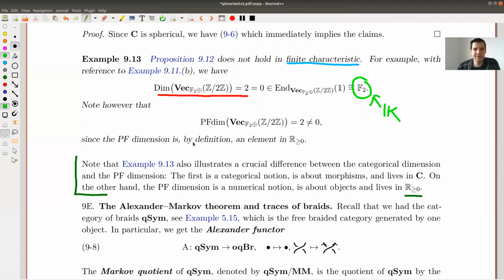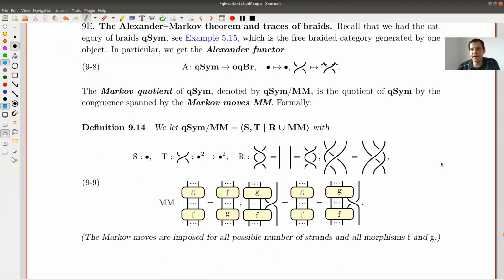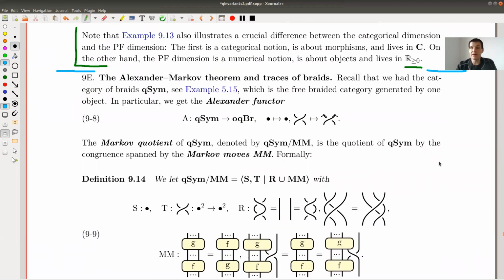Okay, so second part of this lecture. Let me cut it here, and let me summarize what we have seen. What we have seen is diagrammatic calculus, including the indecomposable objects or the simple objects, whatever you want.